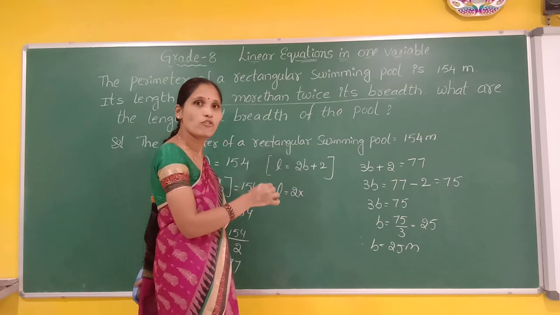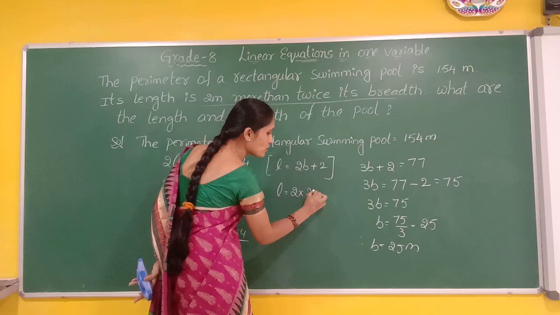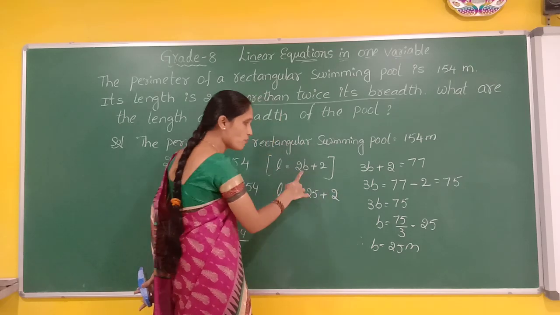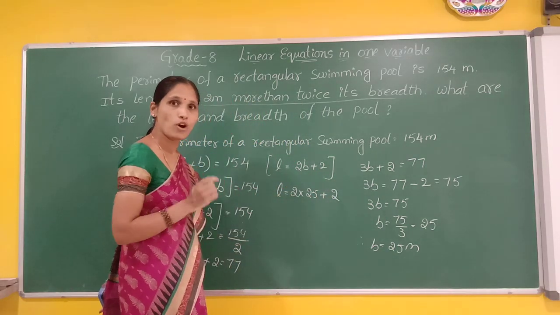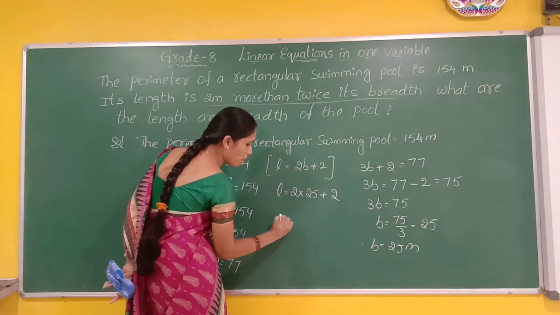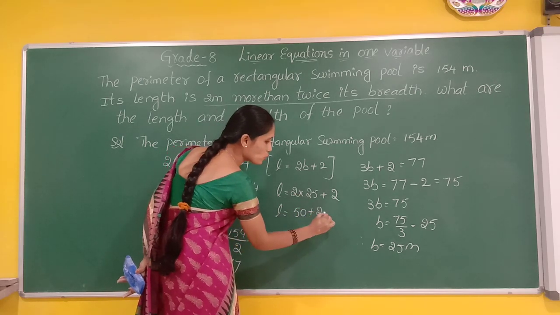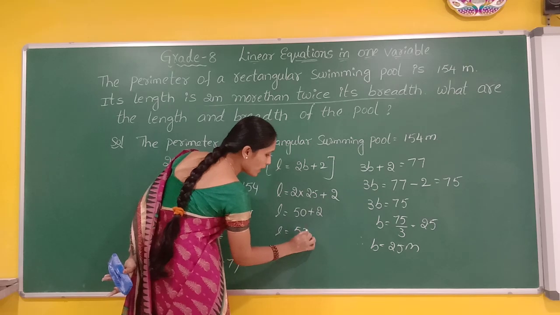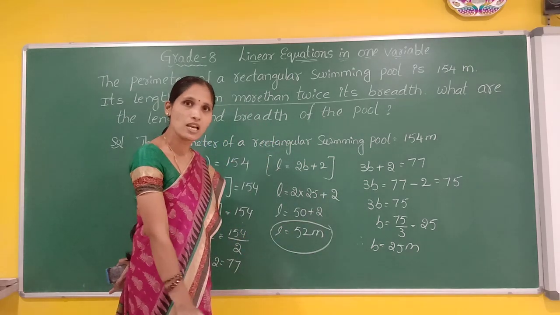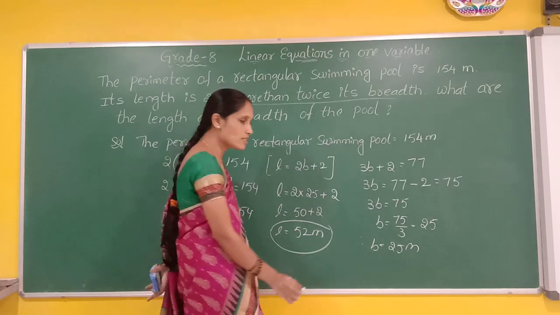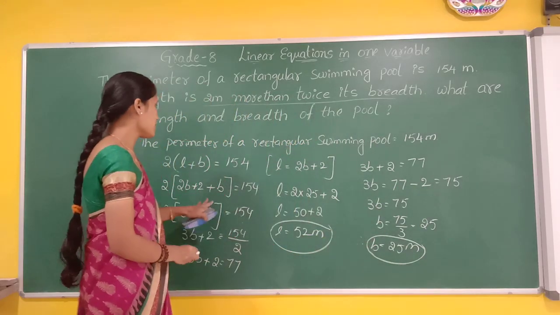Let's substitute the value of B, 25, into this to get the value of L. Multiply: 2 into 25 is 50, 50 plus 2 is equal to 52 meters. So children, what is the length of the rectangle? 52 meters. What is the breadth? 25 meters. Let's once again listen.